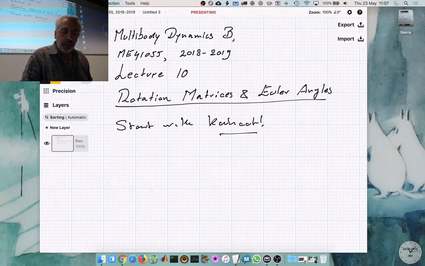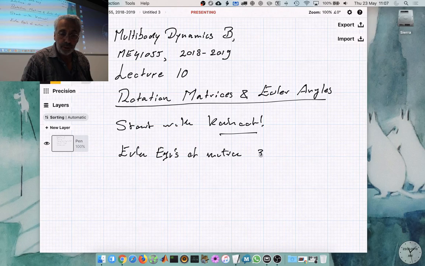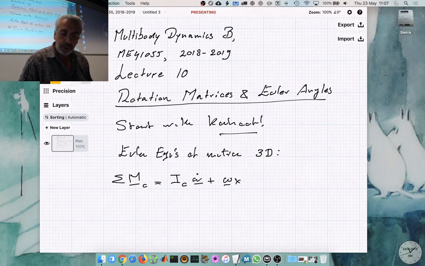So today's topic is these rotation matrices and the Euler angles. Last week we looked at the Euler equation of motion, right? So the Euler equations of motion in 3D, that's the most important extension we have, is that we say the sum of the torques, let's say about the center of mass, is mass moment of inertia times angular acceleration plus angular velocity times I omega.